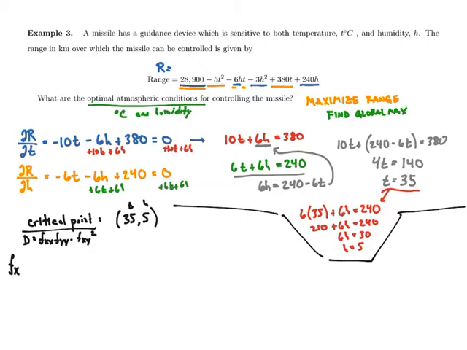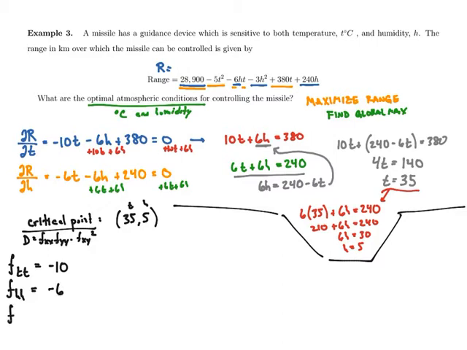Here, f_tt is going to be negative 10. f_hh is going to be a negative 6.